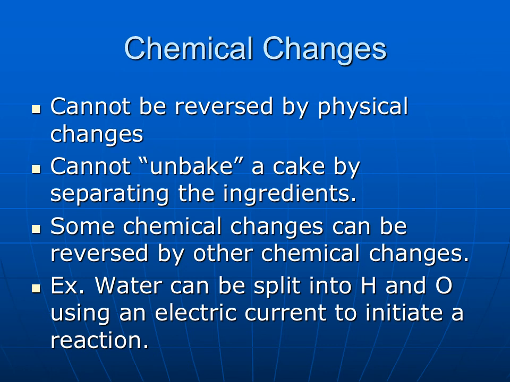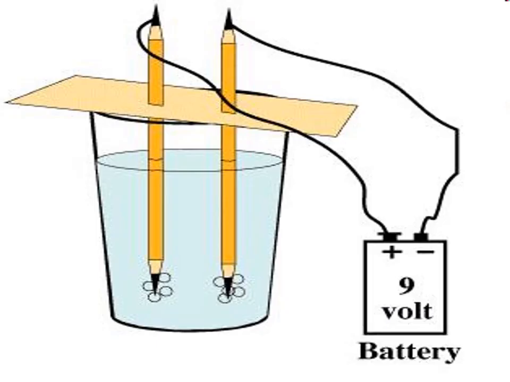There are 2 hydrogen atoms and 1 oxygen atom, and it's a molecule. They are chemically combined. And you can actually split the H and the O using an electric current to start a reaction. This is what it looks like. You hook it up to a battery, and the little tiny bubbles at the bottom, that's O. So they're actually taking the oxygen out. But again, it's not common to be able to reverse or undo a chemical change.